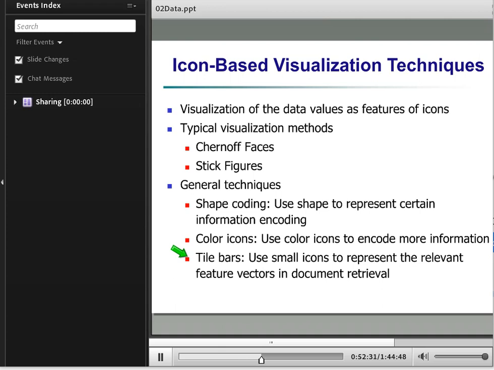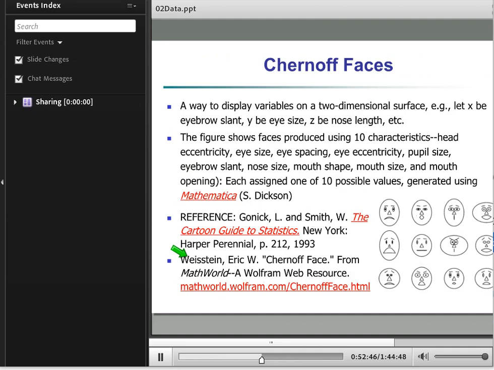In all of these techniques, I will use some specific icons to present data. For example, look at these icons here. This is a turn of faces.